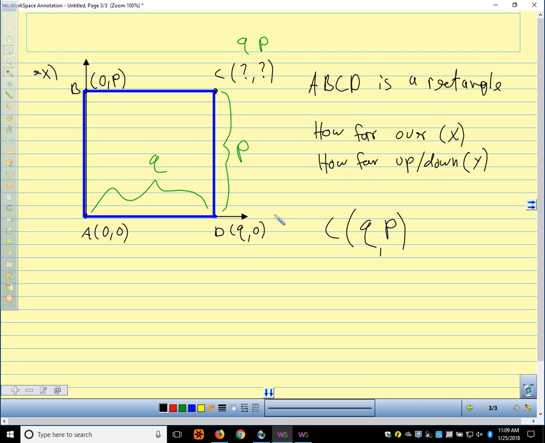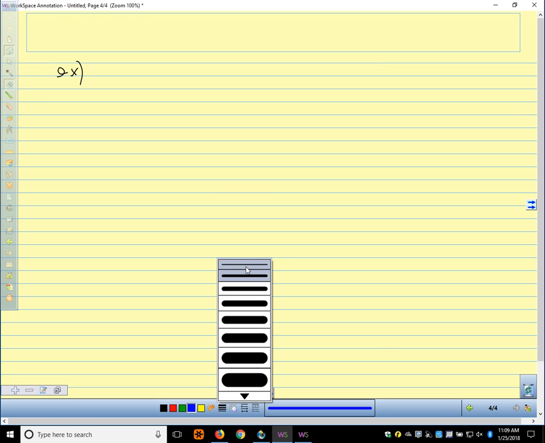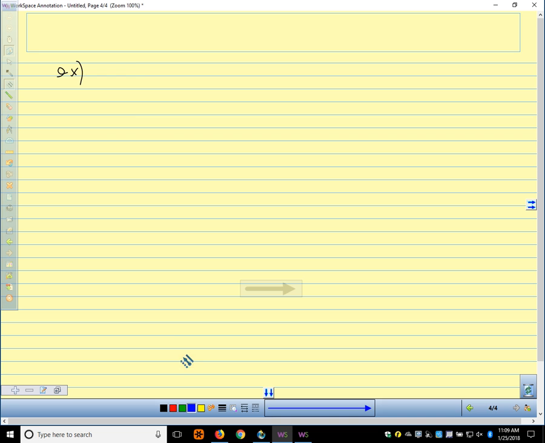Okay, let's make it one step more interesting. Let's look at a parallelogram this time. So here are my axes.